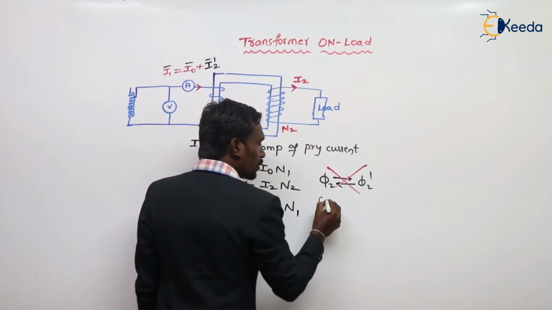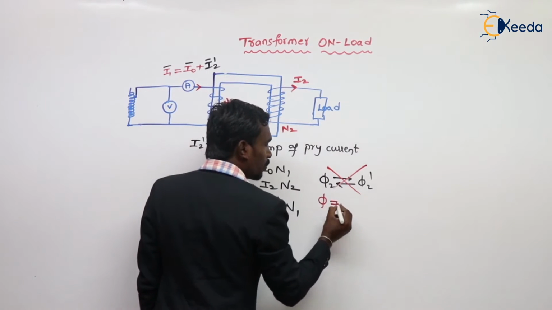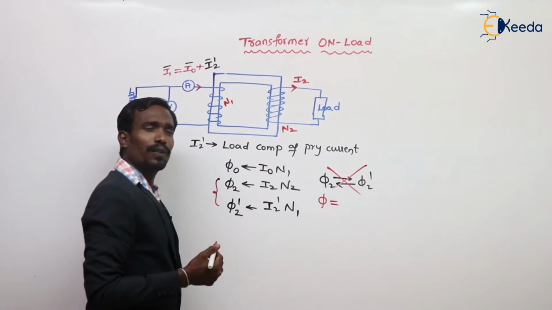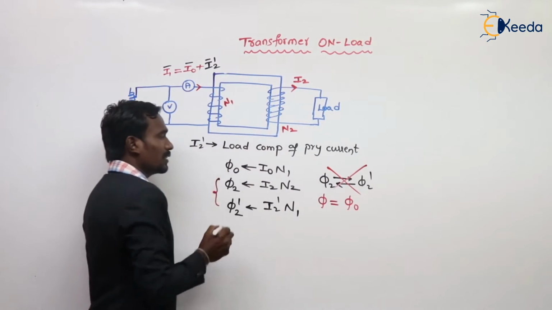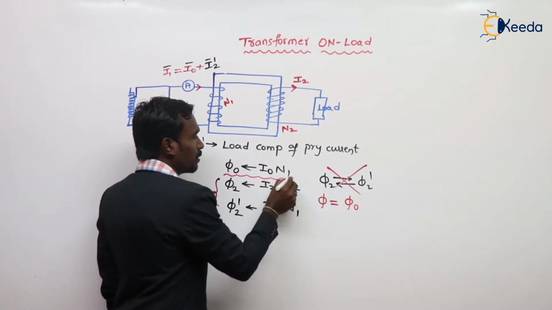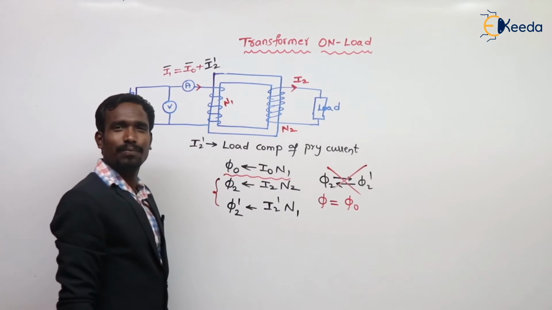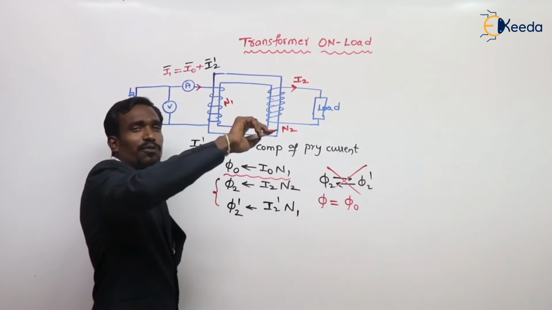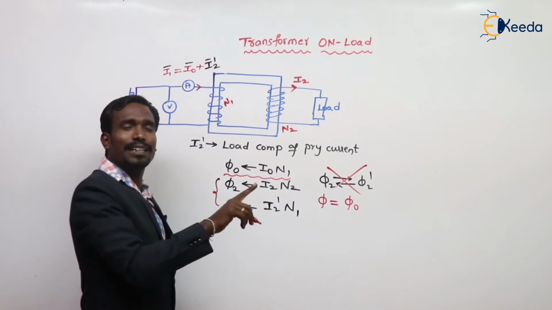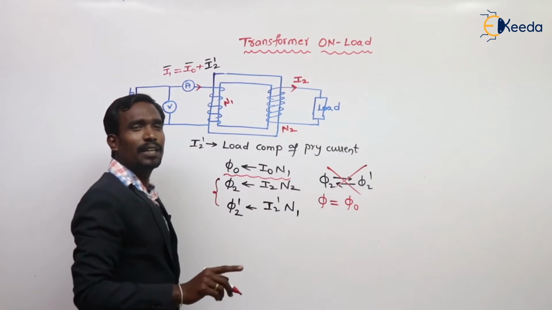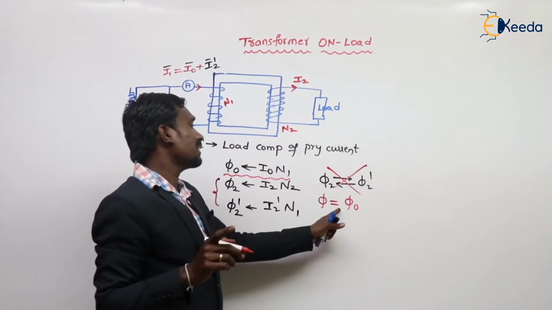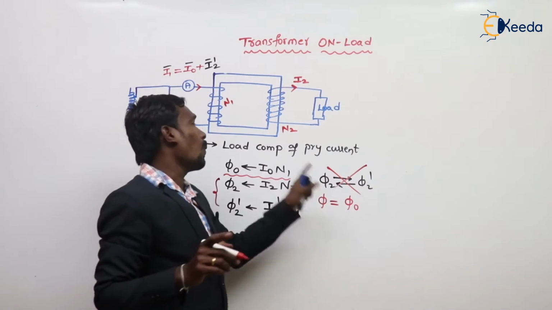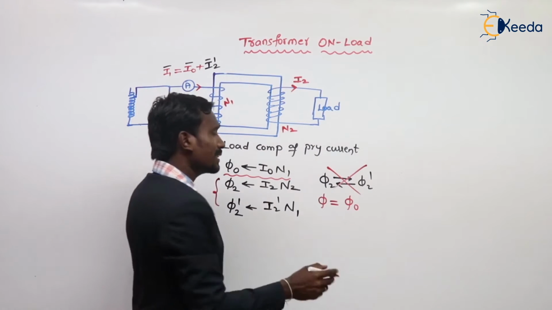Then the total flux phi is equal to phi naught only. Under no load condition, phi naught only. At loaded condition also, phi naught only. Whatever the load, the flux is constant.